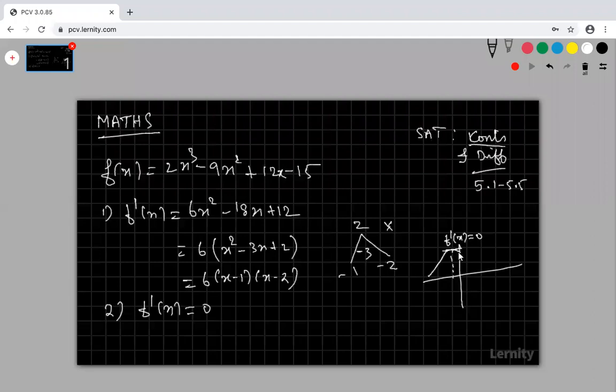So we take f dash of x equal to 0: 6 into x minus 1, x minus 2 equal to 0. So I'm getting x is equal to 1, 2.